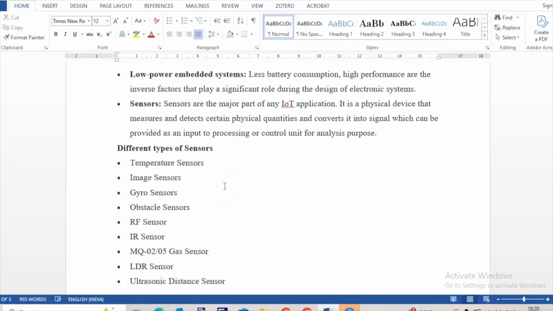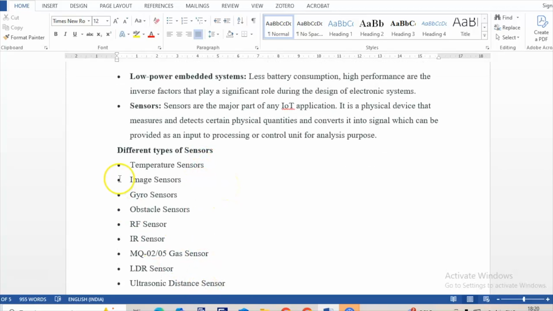And there are a lot of sensors used: temperature sensors, image sensors, gyro sensors, obstacle sensors, RF radio frequency sensors, infrared IR sensors, MQ, that's a gas sensor, LDR sensors, ultrasonic distance sensors.